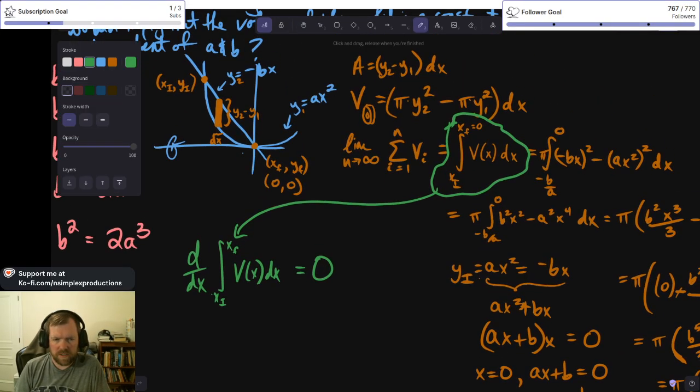So like pi times the quantity y2 is going to be the negative bx squared minus pi's out ax squared equals 0.